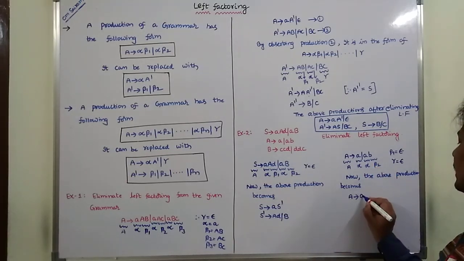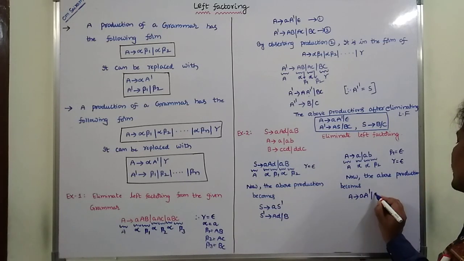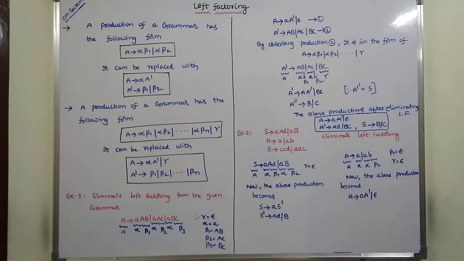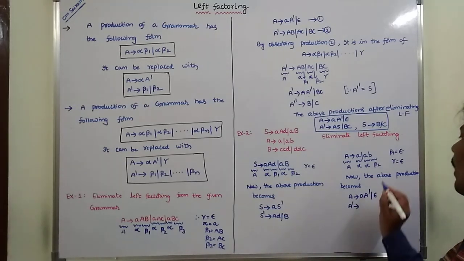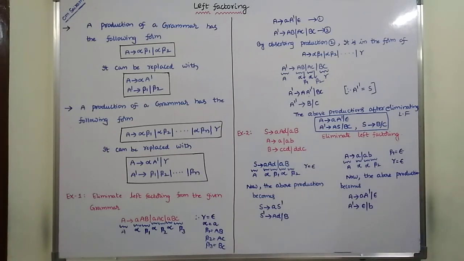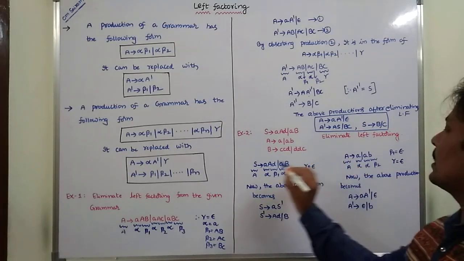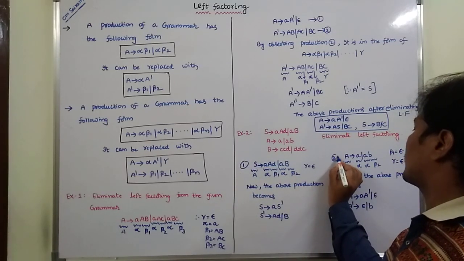Alpha is nothing but small a, A dash is nothing but A dash by gamma. Gamma is nothing but epsilon. Next one, A dash tends to beta 1 by beta 2. Beta 1 is epsilon and beta 2 is B. Okay. So this is the first production and this is the second production.